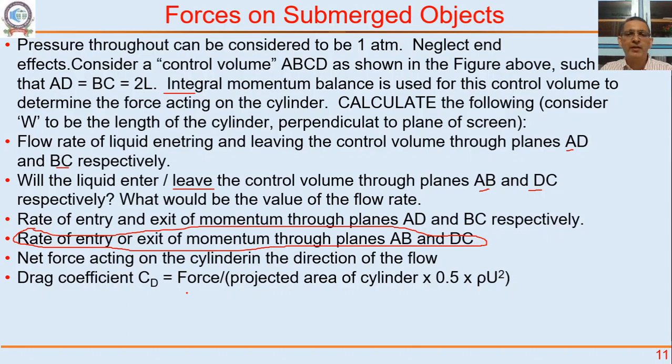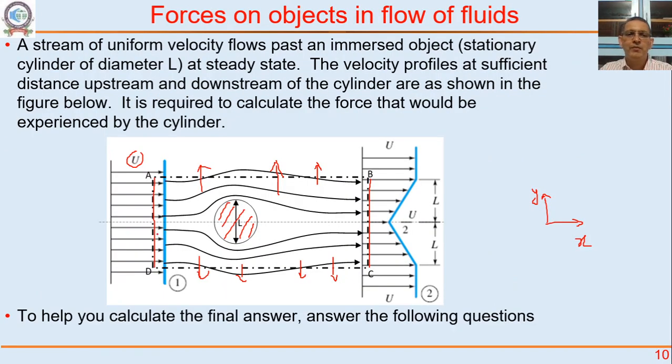So the net force acting on the cylinder in the X direction, we can write as in minus out: momentum coming in from AD, momentum leaving through BC, and momentum leaving through AB and DC. Momentum in which direction? We are writing the X direction. So momentum leaving in the X direction through the face AB is nothing but rho multiplied by velocity. Velocity is u, we are talking about velocity in the x direction. Velocity is practically u in here.